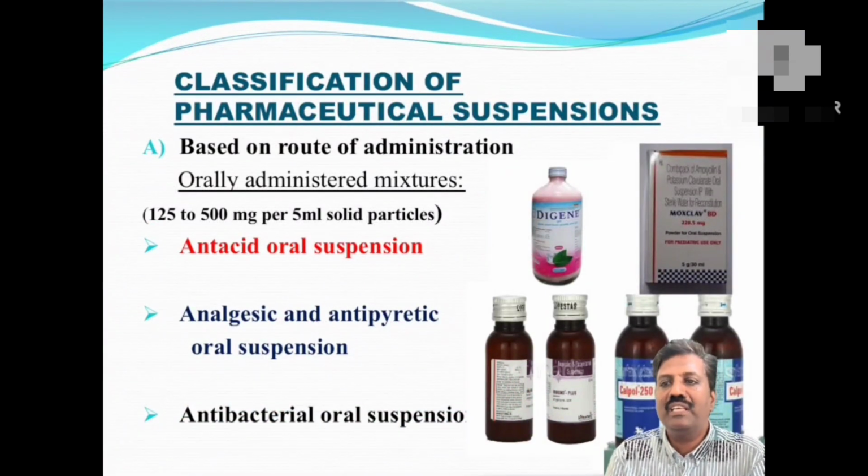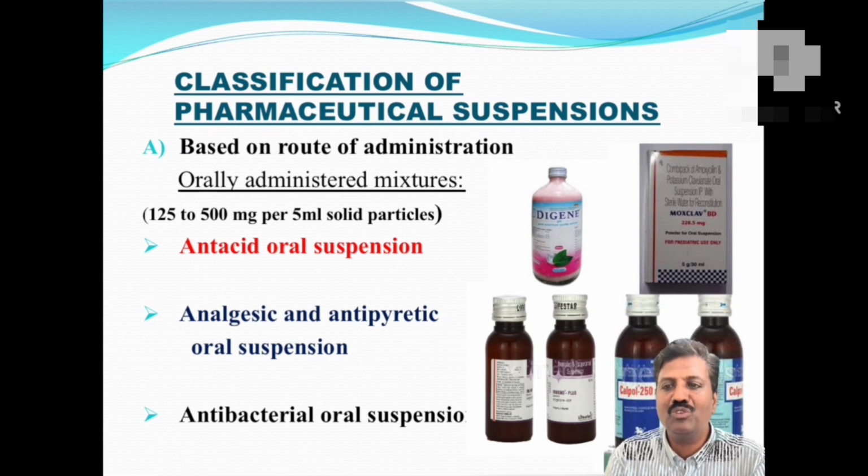Now, how can we classify pharmaceutical suspensions based on the route of administration? First, orally administered mixtures. A very popular one is the antacid oral suspension. We know Digene gel, with aluminum hydroxide and magnesium trisilicate, and Gelusil, and various trade names are very popular.